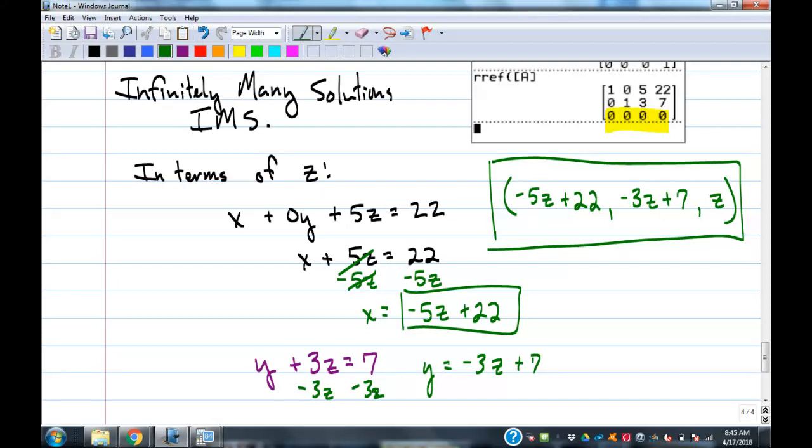I'm normally going to ask for it in terms of z. With 2 variables, it really doesn't matter which one I ask for. It's about the same amount of work either way. But with 3 variables, I'm going to ask for it in terms of z most of the time.